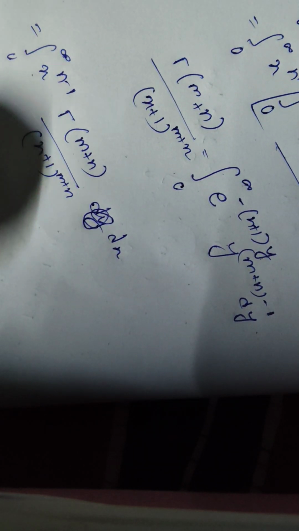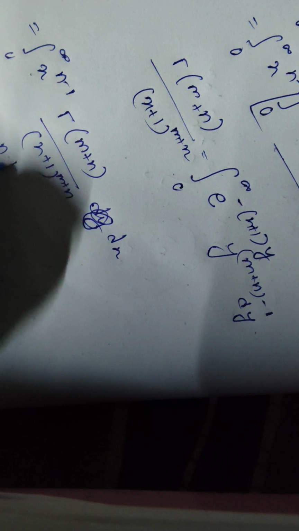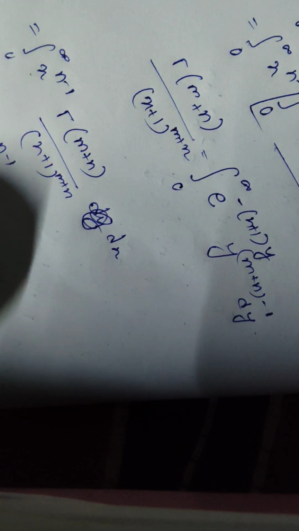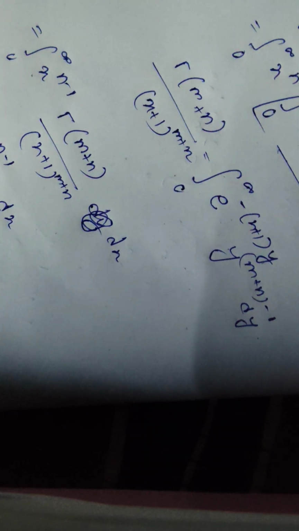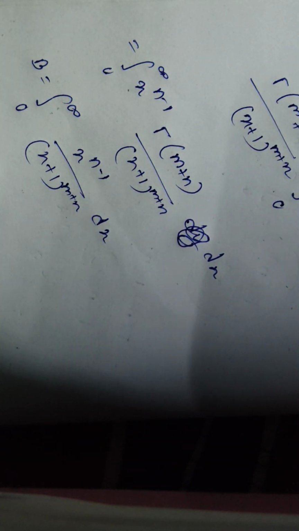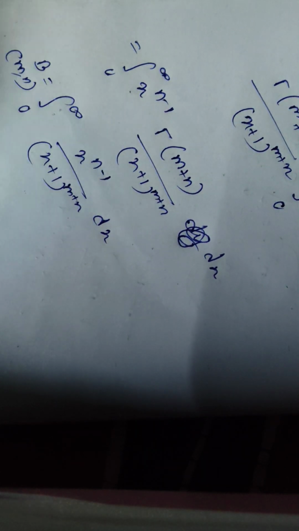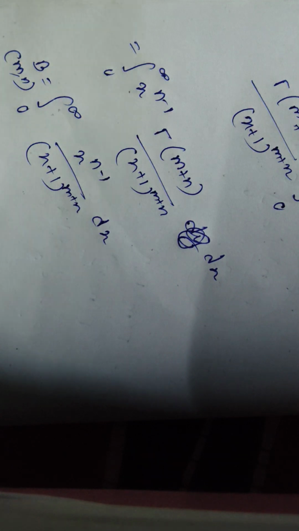Now the beta function will be equal to 0 to infinity x to the power n minus 1 into x plus 1 whole to the power m plus n, dx. This is another form of beta function, beta m comma n or n comma m, doesn't matter. So this is another form of beta function.